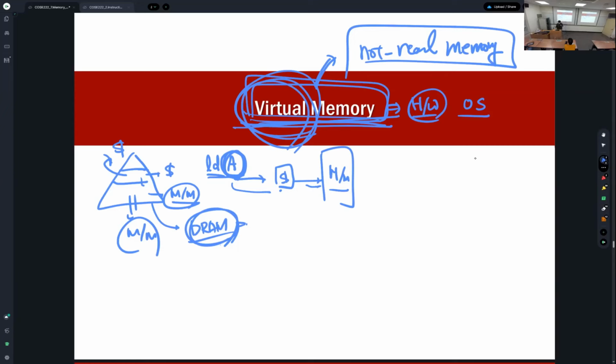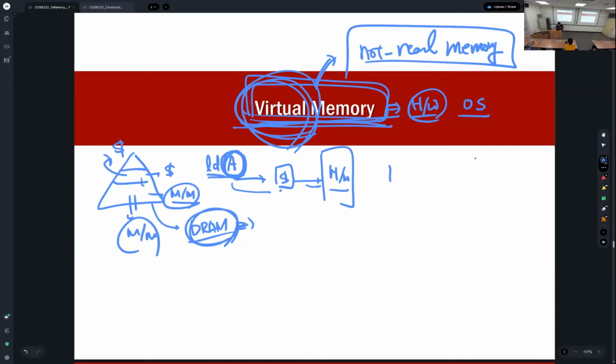But in a physical computer system, the DRAM size is very, very small, which means the hardware resource of this DRAM is very precious. It's also very expensive. If you want to increase the size of the DRAM, you need to pay something like $1,000. So it's very expensive, and the size is very small.